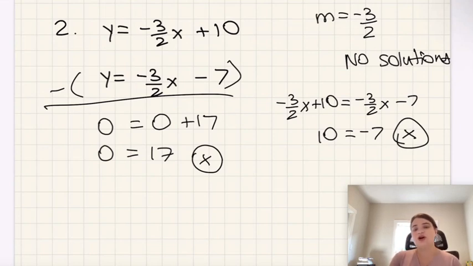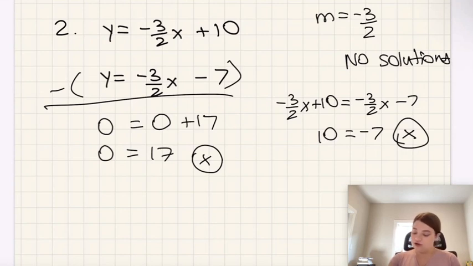And so if we start with the substitution or elimination methods when there's no solutions, rather than something that's always true, the way we got for infinite solutions, we're going to end up with something that, regardless of what x and y are, is never true. It doesn't matter what I try to make x and y equal to, it will never be true that 10 is negative 7 or that 0 is 17. Those things are just always false.